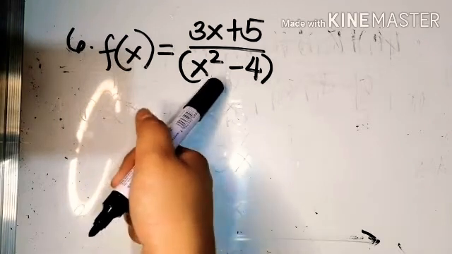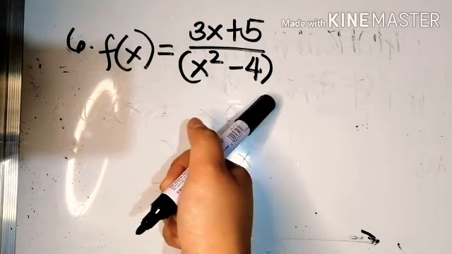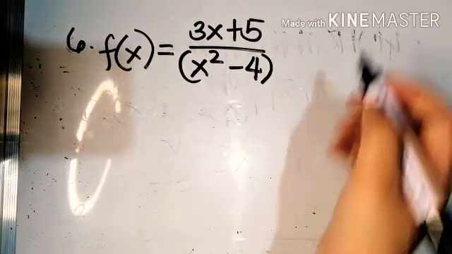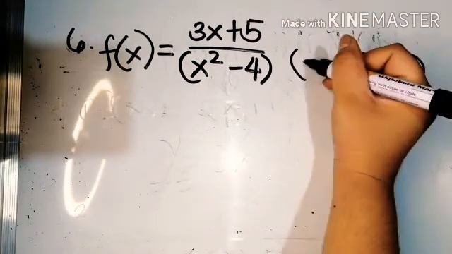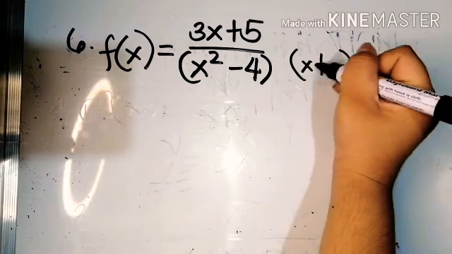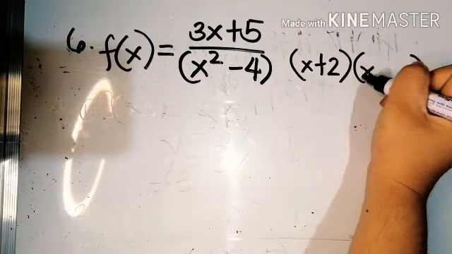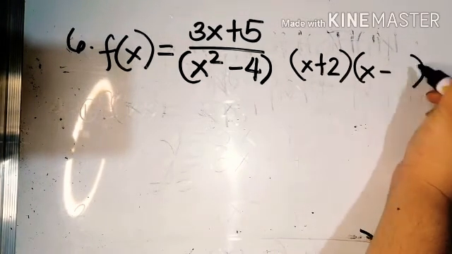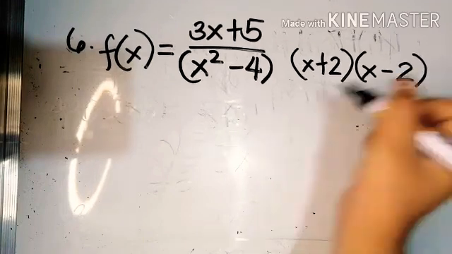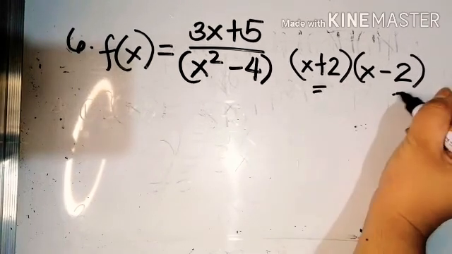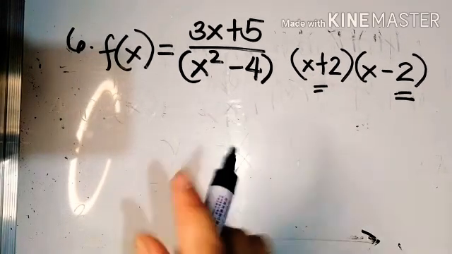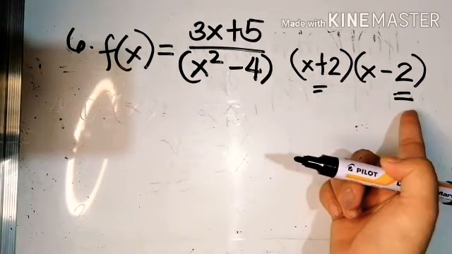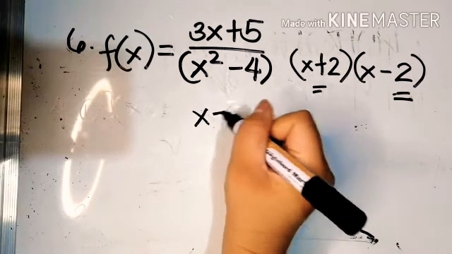Pwede. No? Pwede natin siyang i-factor. Ano yung factor niya? We have the sum and difference, that is x plus 2 and x minus 2. Kapag kinompute mo siya, kapag pinag-multiply mo siya, ang magiging resulta niya will be x squared minus 4.